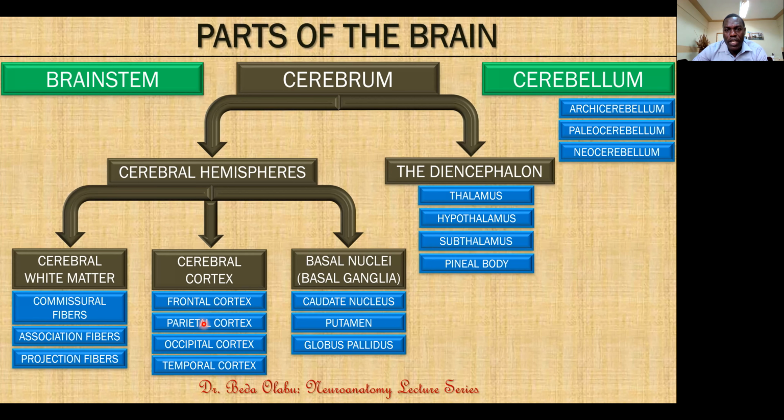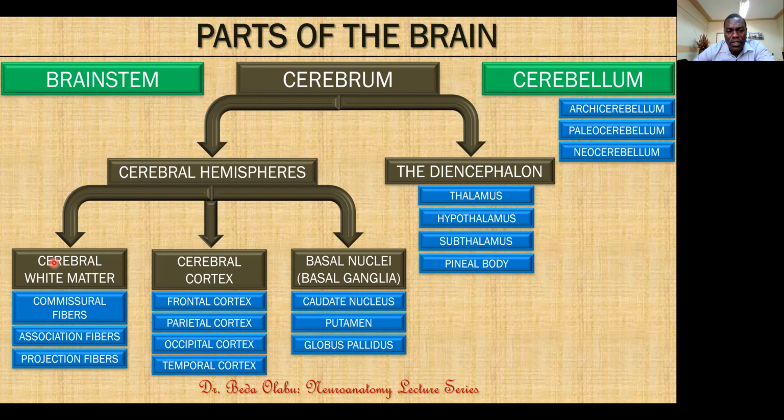So this is to remind you where we are with regard to neuroanatomy, where we say that the brain has three major parts: cerebrum, cerebellum, and the brainstem. And for cerebrum, we talked about the hemispheres and the diencephalon, where the diencephalon consists of those four, and we've already talked about them.